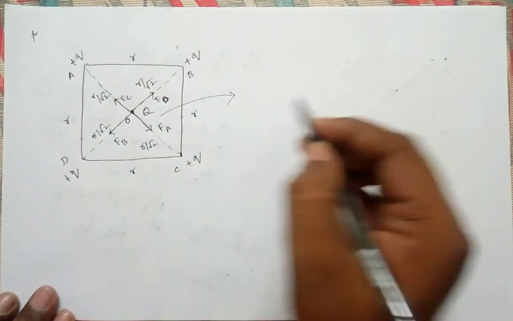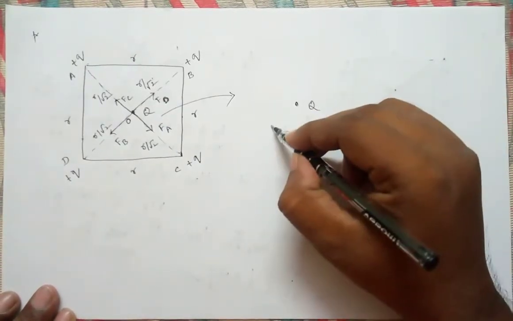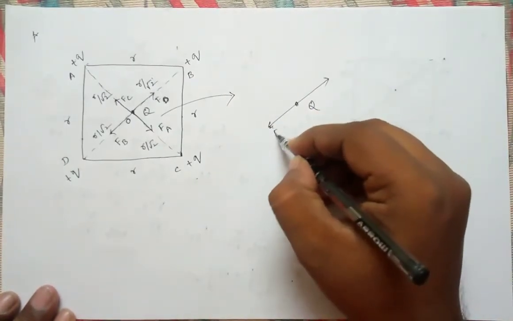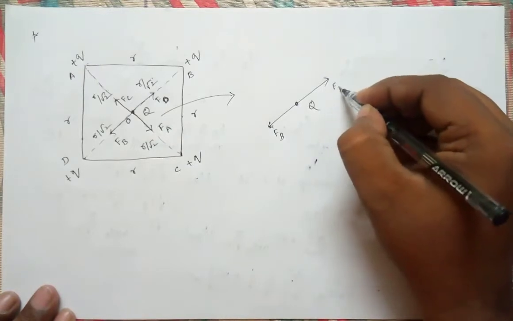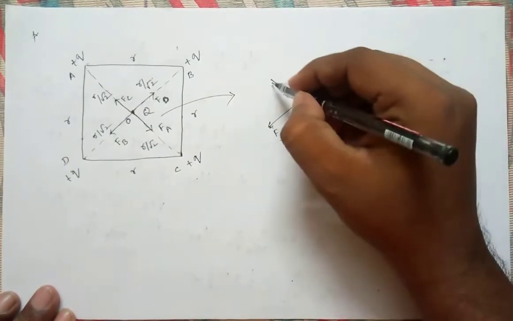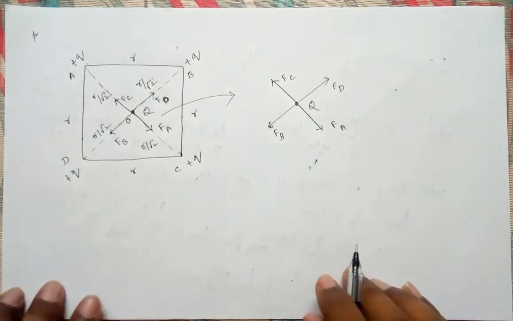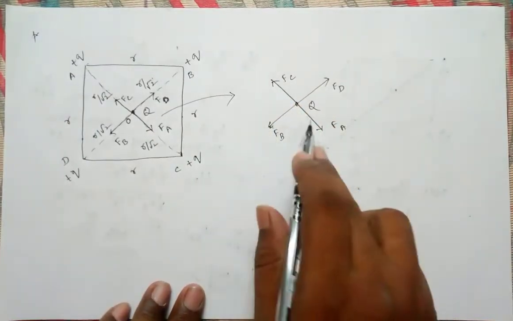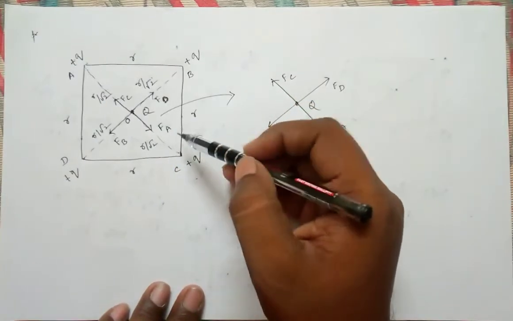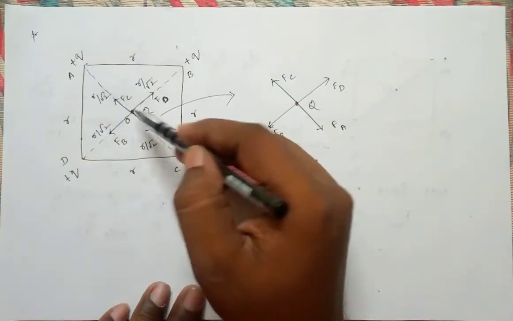Now you can observe that at the center capital Q is there. These are two forces, FB and FD, and these are another two forces, FC as well as FA. Observe that FA, FB and all have the same product of charges, capital Q and small q, and the distance between the charges is r by root 2.